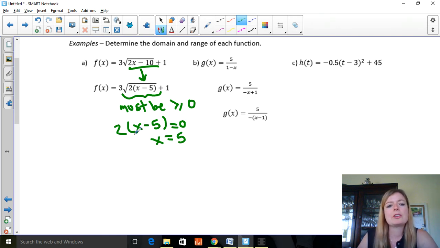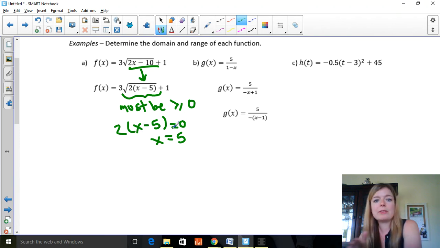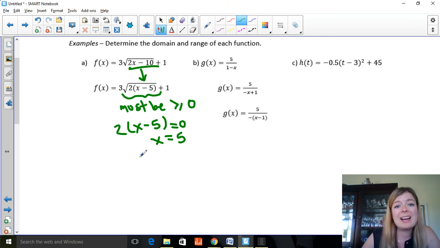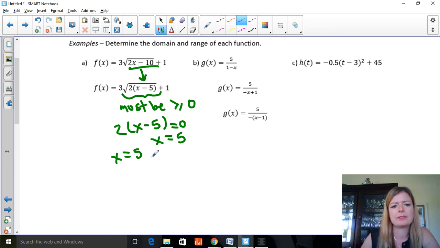So then I think, does putting in higher numbers than 5 get me going in the right direction, or does putting in lower numbers than 5? What I do is literally just try one above 5 and one below 5 and see what works. If I put in x equals 5, I should have just written f of 5, but f of 5 equals 0, right?